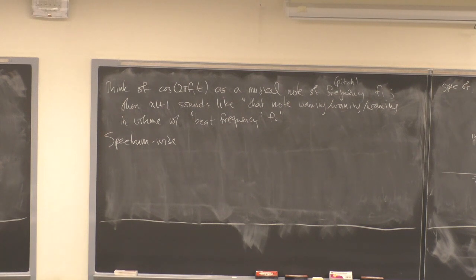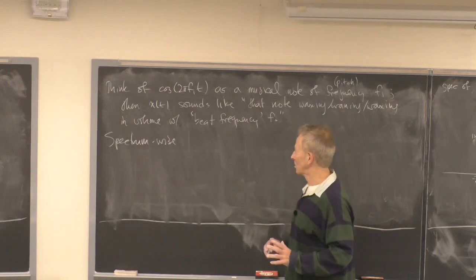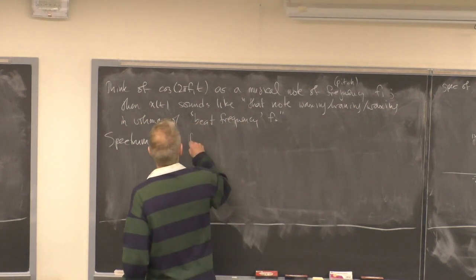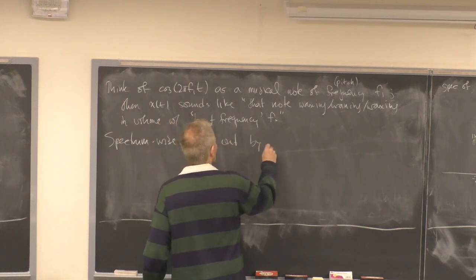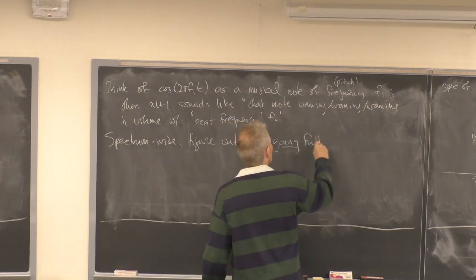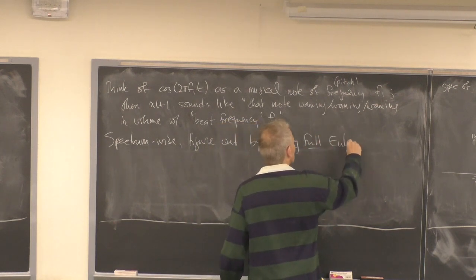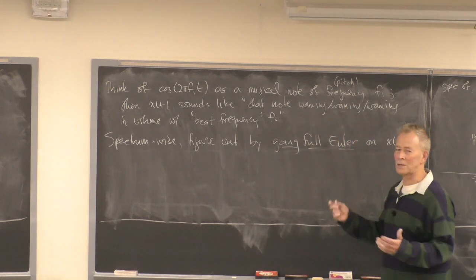We go through a process that I call, and we made this up last semester, it's a new, highly technical mathematical term here, we figure out by what I call going full Euler on x of t.